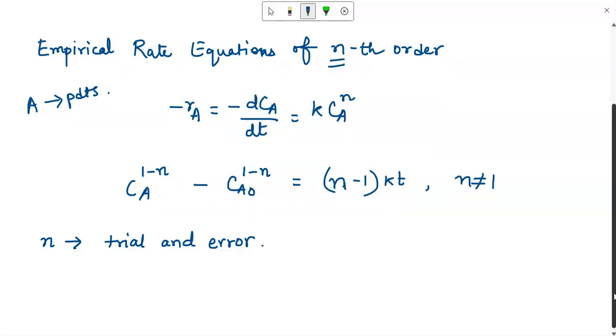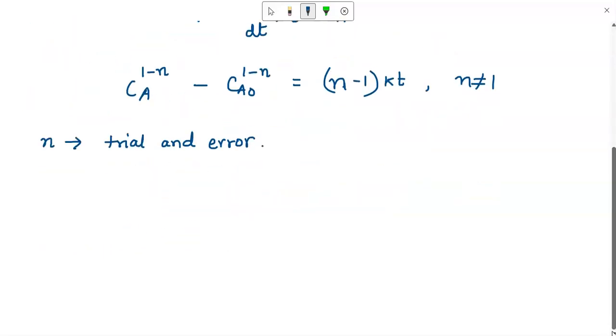Another way to do that, which is used in advanced reaction engineering studies: we have CA data and we have t data, and of course we know CA0.